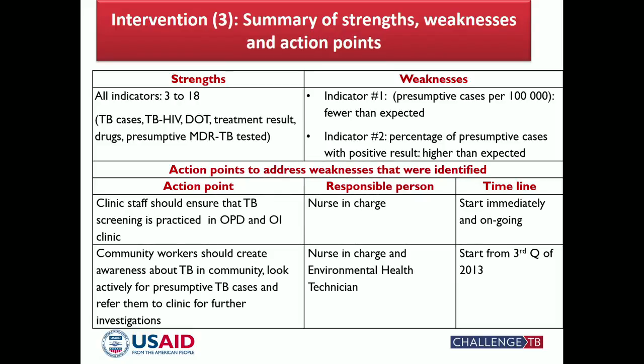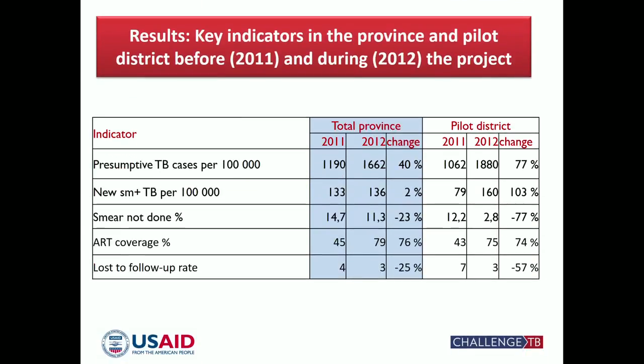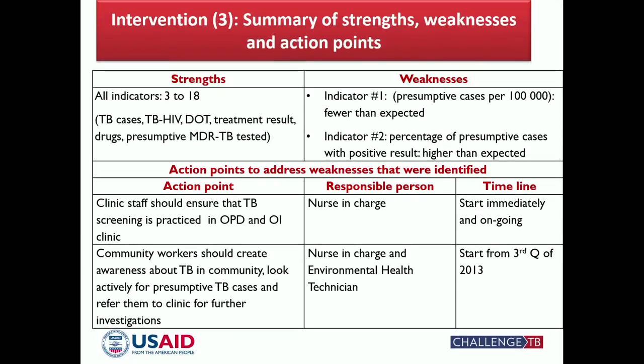But they would do these kinds of tables for case finding, for treatment outcomes, for TB, HIV. Then after having looked at the tables, they would come up with a list of strengths and a list of weaknesses and identify which of the indicators were weaknesses and which were strengths. For those that had weaknesses, they would come up with action points to address those weaknesses.